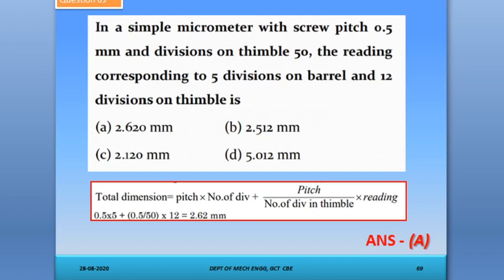Pitch value 0.5 is given, and the thimble has 50 divisions. Out of the 50 divisions, the 12th division coincides.